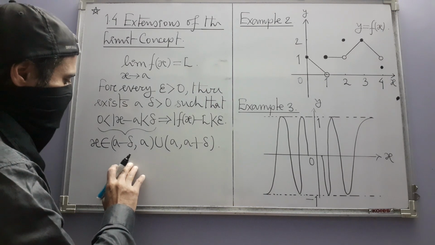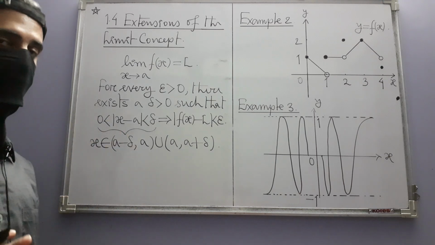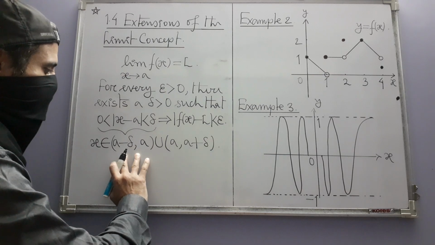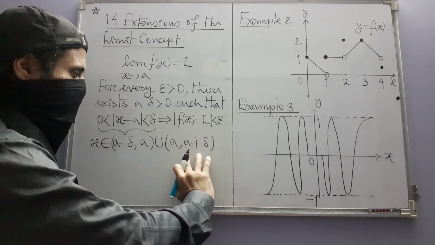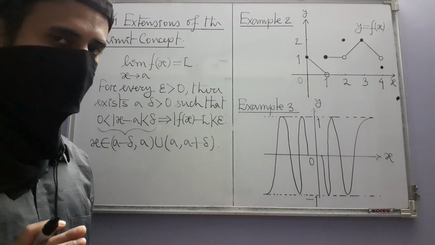Now if instead of considering these two sets, we consider only one set, any one of them, say this one or say this one, then we get the notion of one-sided limits.